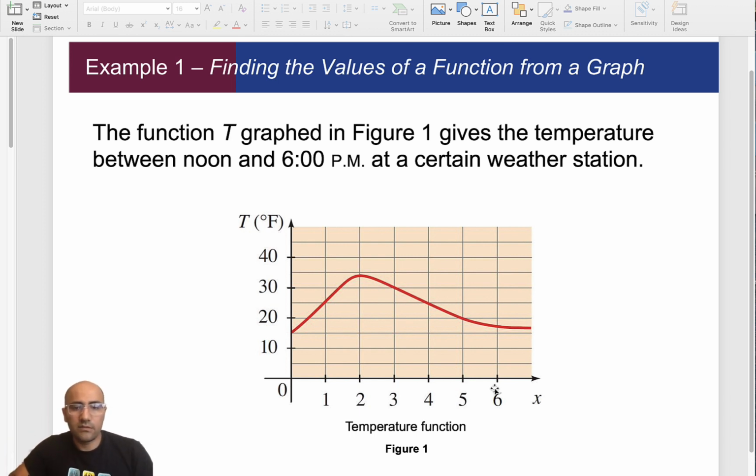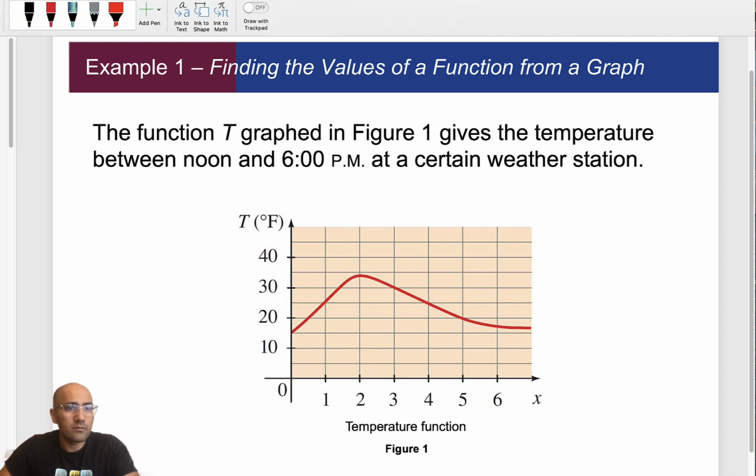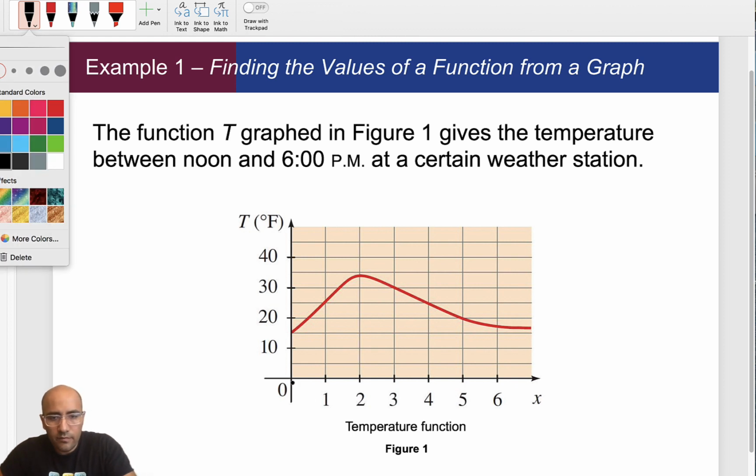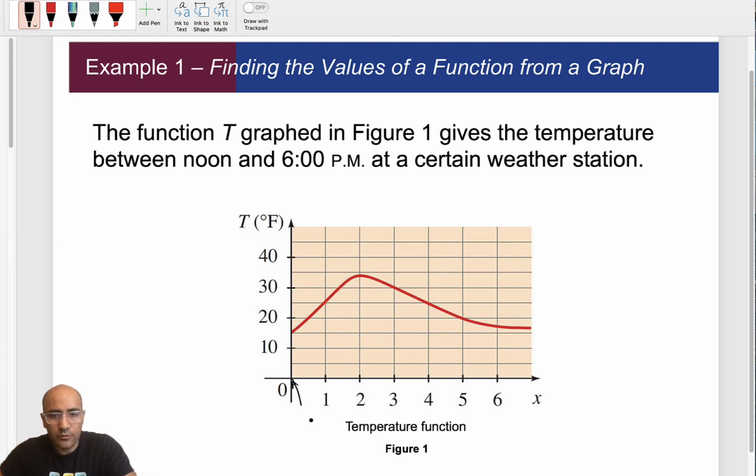So x, the input value, is the time. So here x equals 0 represents noon. So here, this value right there would represent noon. And then this is 6 p.m. And then we have our temperature, right?